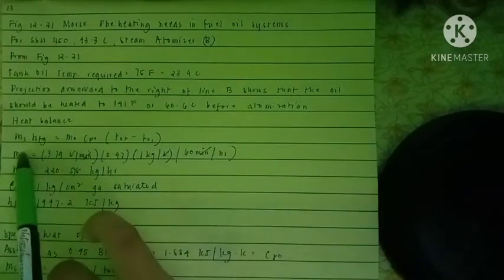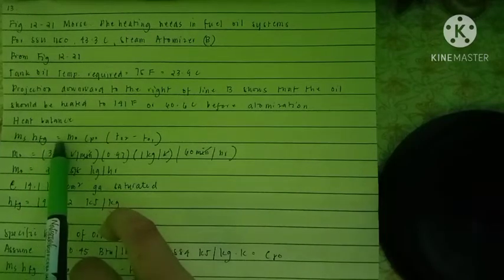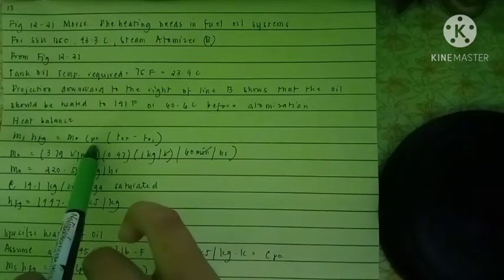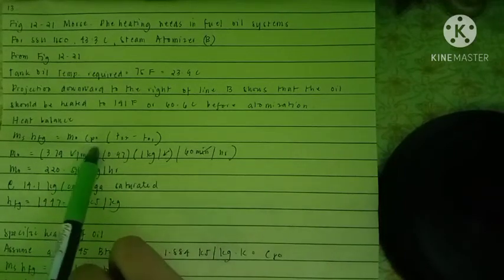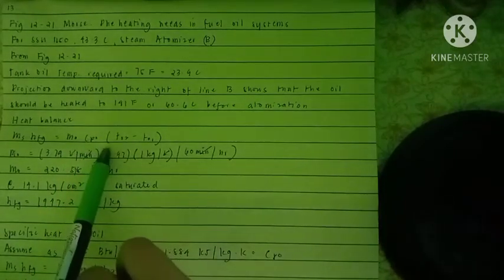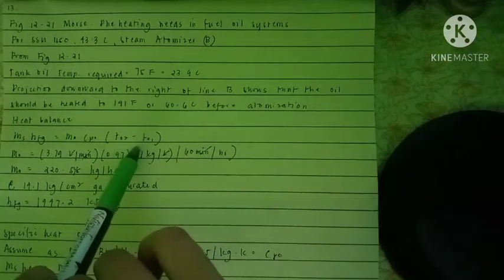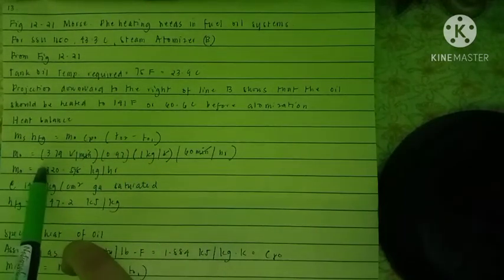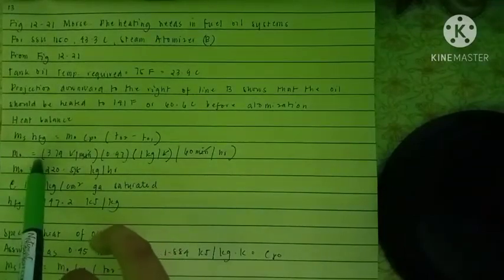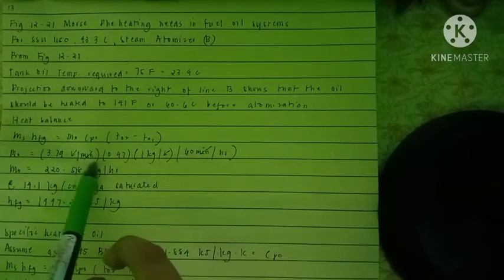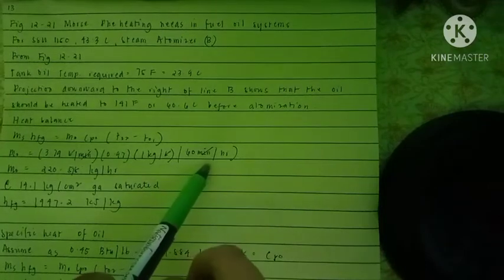So heat balance. M_s times H_fg is equal to M_o times C_po times delta T, or T_o2 minus T_o1. So M_o, deriving this formula, M_o now is equal to 3.79 liters per minute times 0.97 times 1 kilogram per liter times 60 minutes per hour.